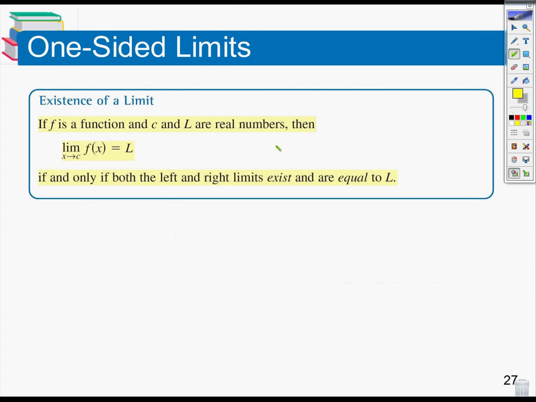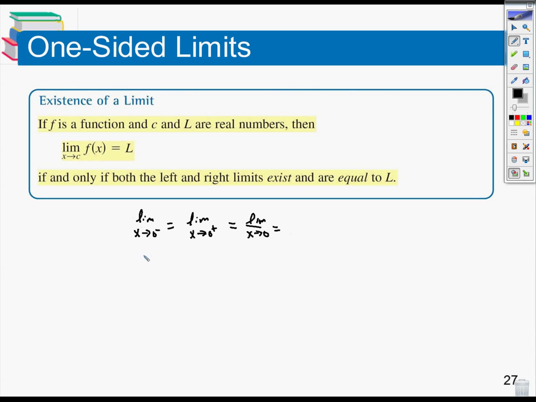Alrighty, and this is what I just glossed over: if the left and right hand limits are the same number, so if in that last example we said the limit as x approaches 0 from the left equals the limit as x approaches 0 from the right, then the actual limit in general, the limit as x approaches 0, not coming from the left or the right, will equal these same numbers.